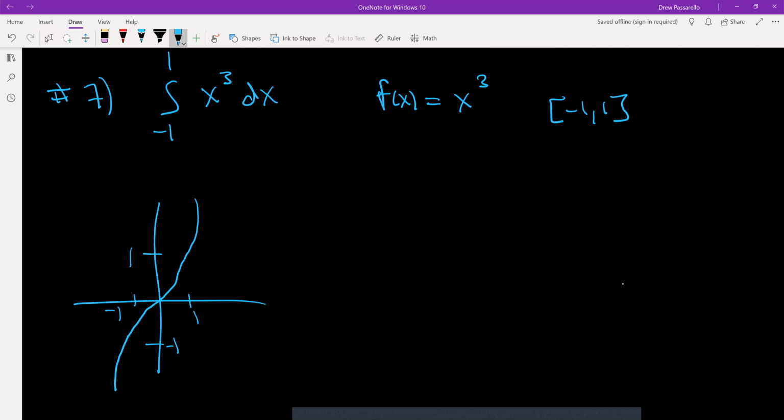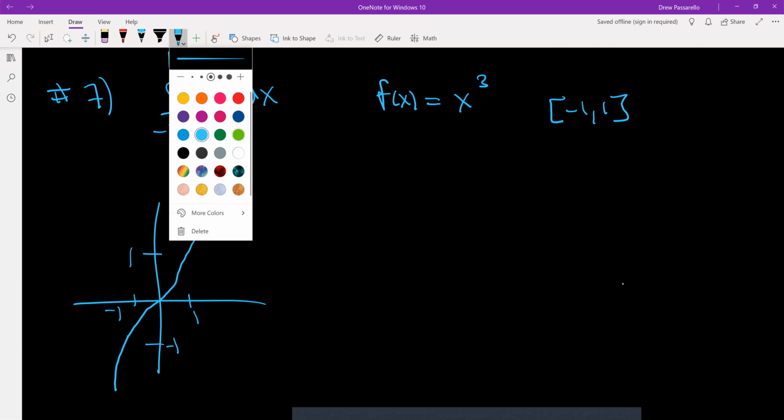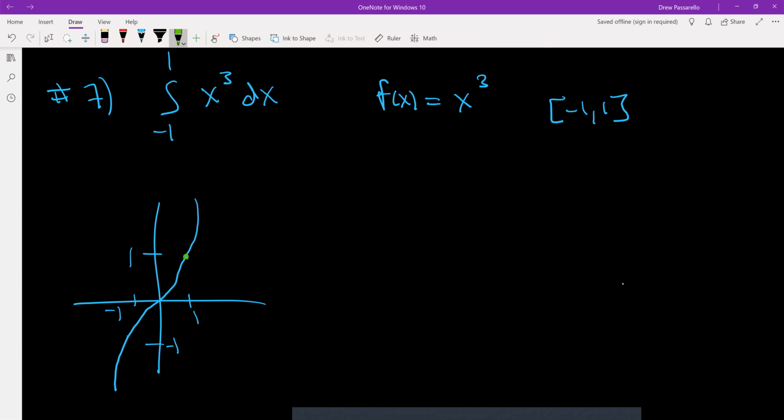So just as far as what it would look like, that's what we're trying to find. Since it has some negative values, the function lies below the x-axis for a portion. We can't say it represents area, but just to see what it looks like, that's what it's going to look like.